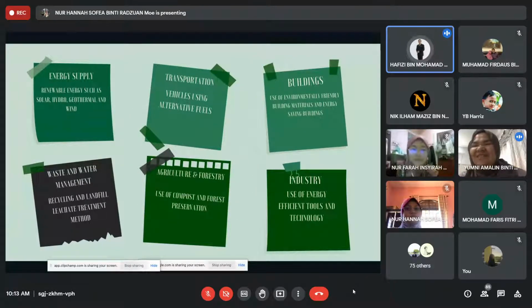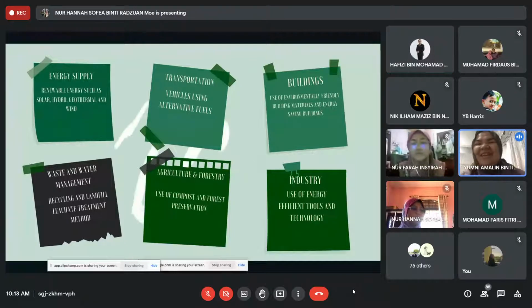Yes. Okay, then next is buildings. The use of environmentally friendly building materials and energy saving buildings, meaning energy saving using renewable energy for the building's power.